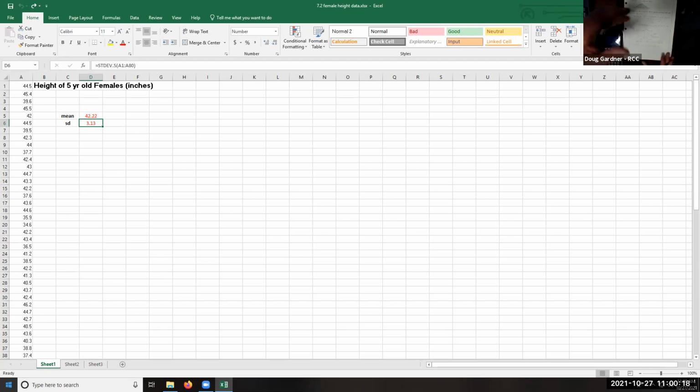What if your kid was 37 inches tall at 5 years old? Now, because the mean is 42, then it's like, oh, my child is on the shorter side. But you just kind of want to understand, and by the way, this is what pediatricians do.